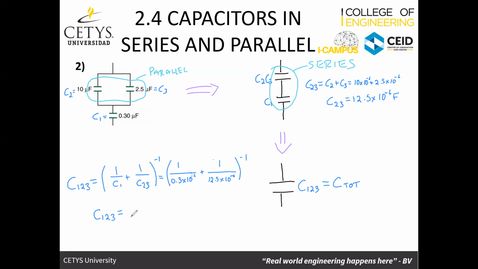So what value did you get for C123? 2.92 times 10 to the -7 farads, and that's going to be the total capacitance.